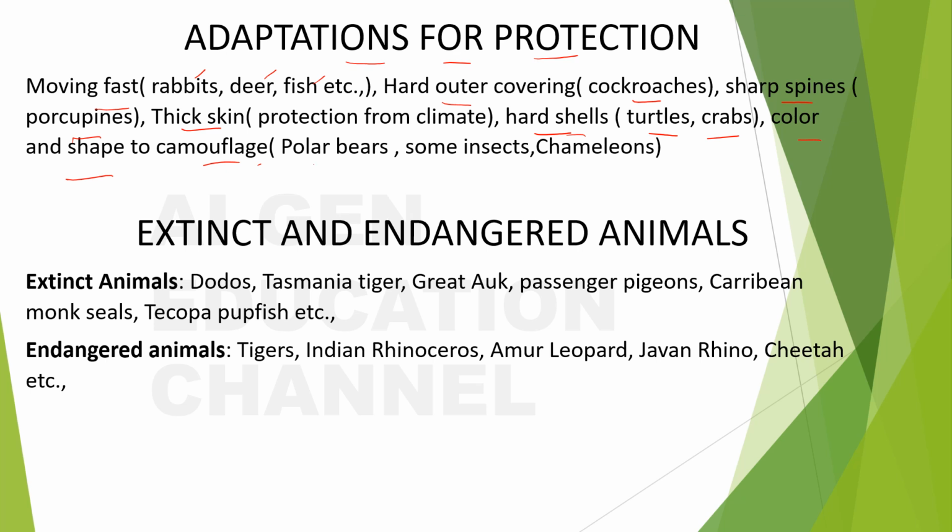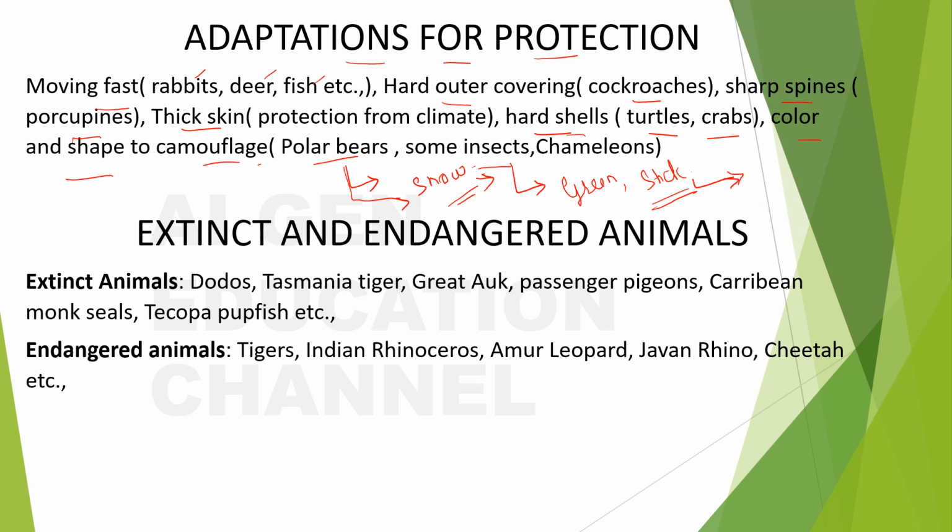Okay, like polar bears will be usually in snow areas, right? So they are white in color, right? So they can easily blend in the snow environment. And some other insects also tend to be green in color, okay, or stick-like, brownish, so that they can easily blend into the forest or plant environment.